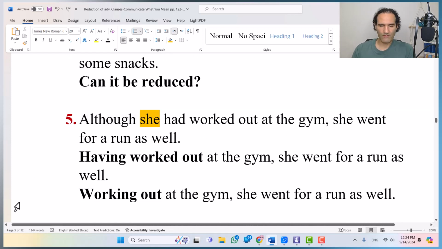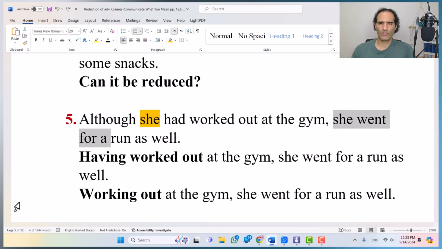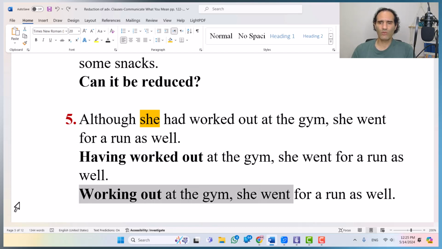Anyway, number 5, although she had worked out at the gym, she went. So subjects are the same. We can say, having worked out at the gym, she went for a run. Or, working out at the gym, she went for a run as well. So what we have learned is this one.